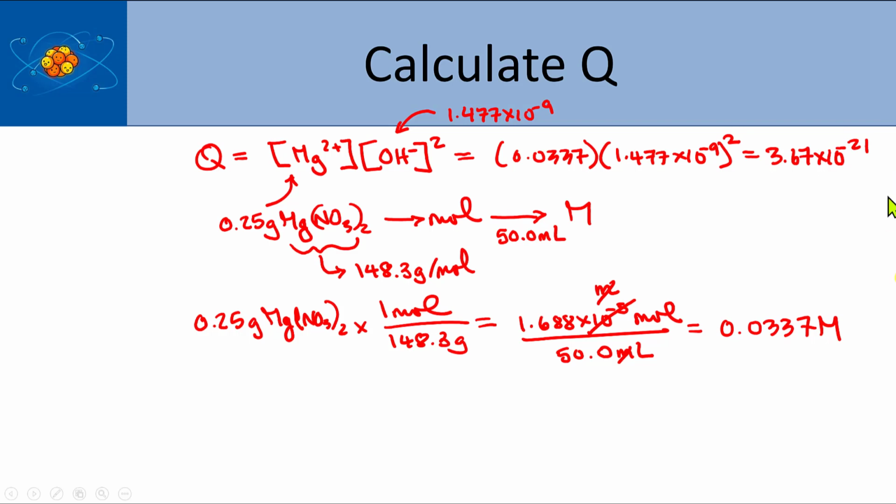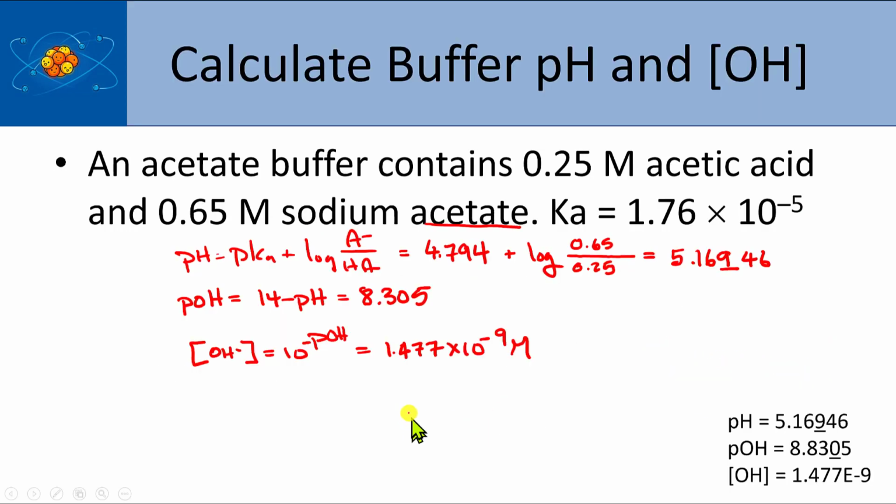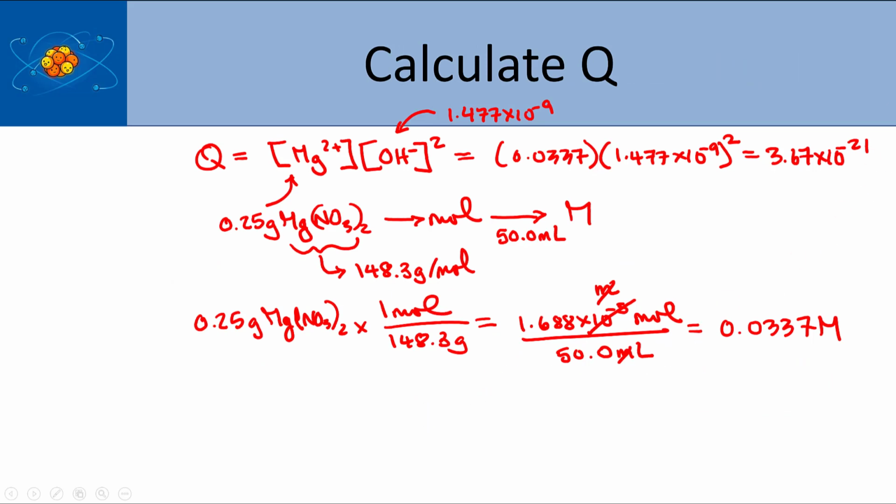Okay? Now, what is that telling me? It tells me nothing unless I know what K is, so that's why we looked it up earlier. And Ksp is 2.06 times 10 to the minus 13. So going back to here, what we know is that Q is actually much smaller than Ksp.